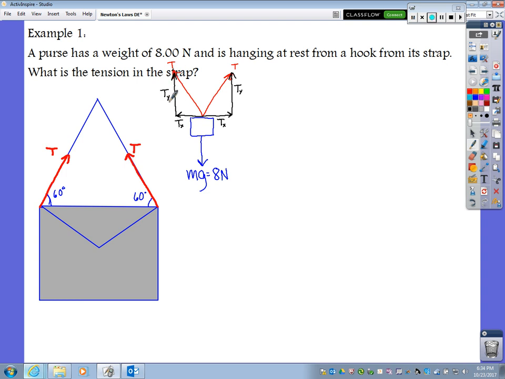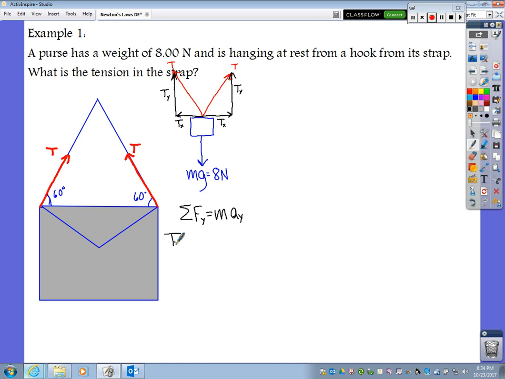If I look at the net force in the vertical direction, the net force in y equals m times ay. I've got three forces in the vertical direction. I've got Ty here, I've got Ty here, and I've got gravity pulling down.